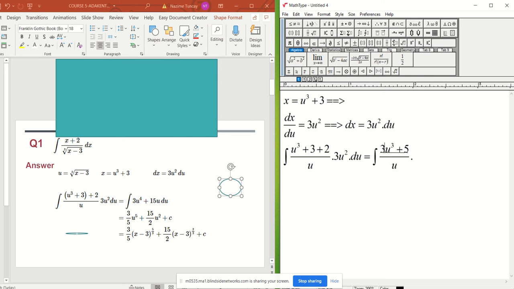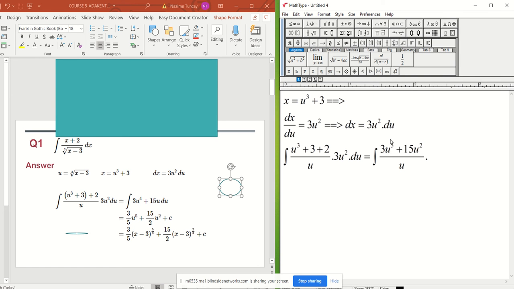So if I multiply by 3, this makes 3 and this makes 15. Then I am going to multiply by u to the power 2. And this will make 5, and this will make u to the power 2. You can see it from here. So this is u to the power 2 here.